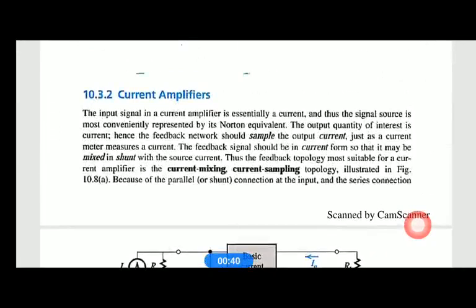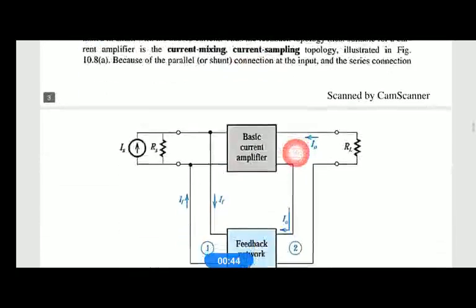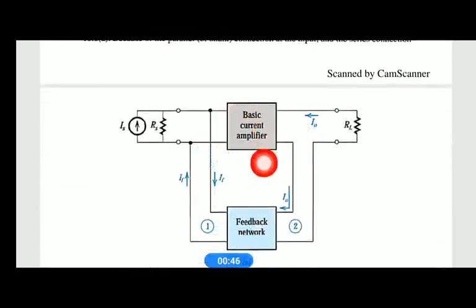a current amplifier. Here the input applied to the basic amplifier is a current. The input current is amplified in the form of output current. The applied input current is II, the input current for the basic current amplifier, and I0 is the output current at the output.